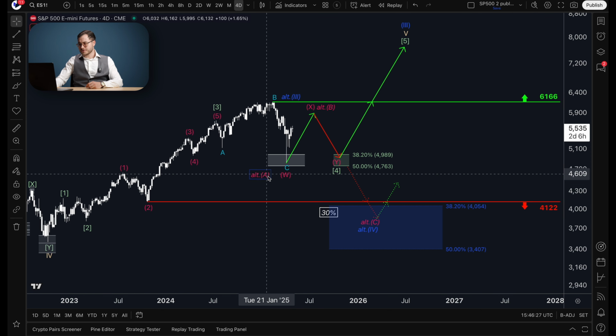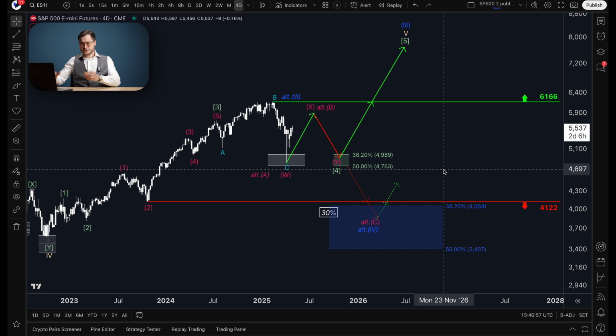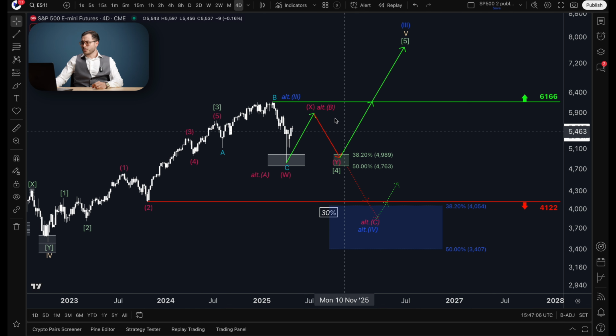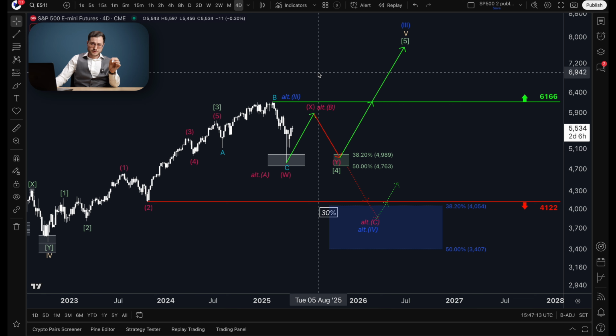On the bigger picture, we have here the very same story. I just walked you through that scenario of the wave W, X, Y correction, leading us into the wave 4 bottom. But in this overreaching time frame here, for the overreaching alternative scenario, we conclude that we could maybe already have seen an alternative wave 3 top back in February of this year, 2025.